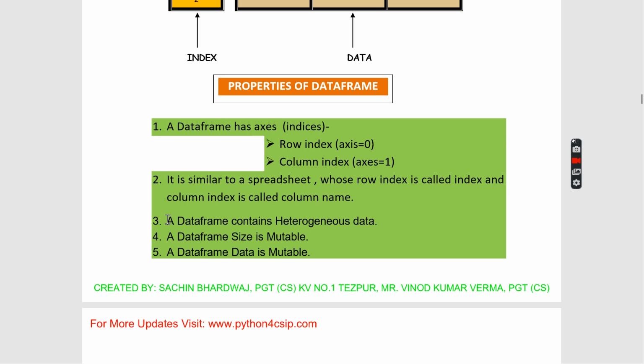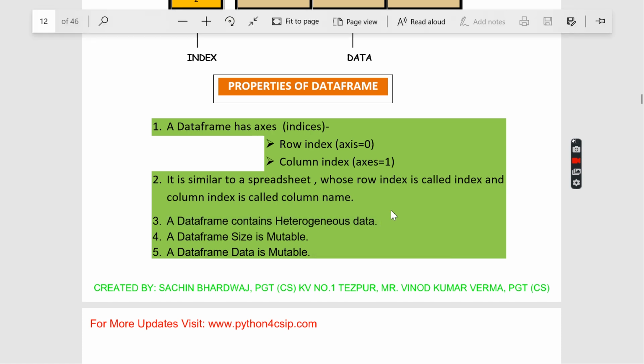A data frame contains heterogeneous data. What's the meaning of heterogeneous? Different data types. For example, in an SQL database, the roll number can be integers, and names can be alphabets, right?